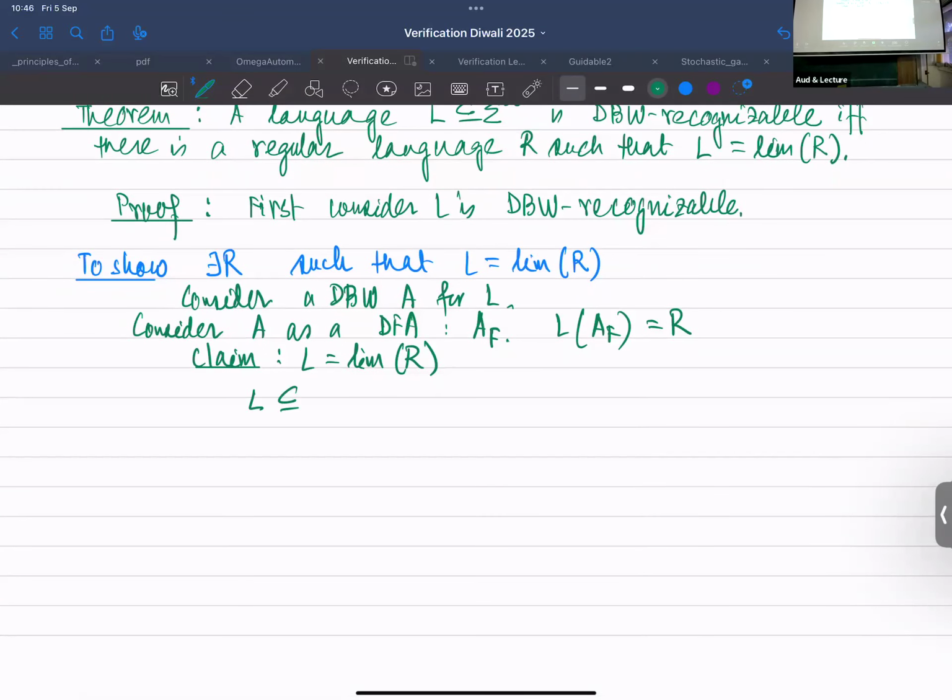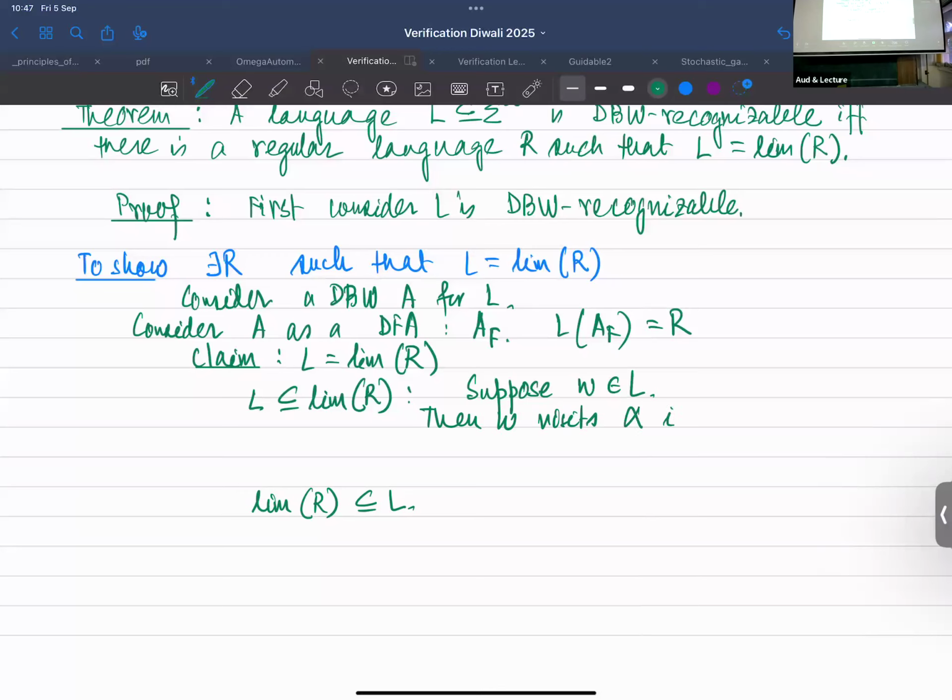Now we have to prove two directions. First, L is a subset of limit of R, and then we have to show the other direction. To prove this, suppose W belongs to L, which means that W visits the good states, say alpha, infinitely often.